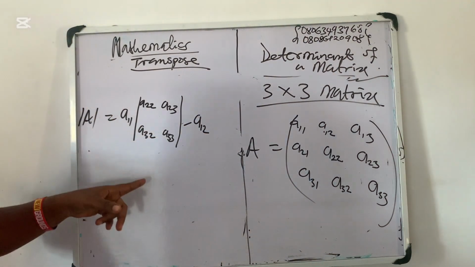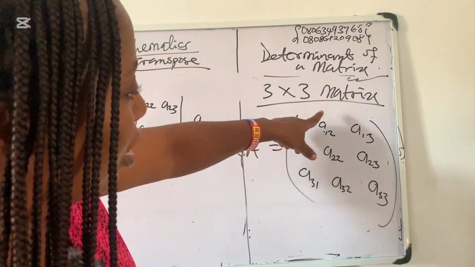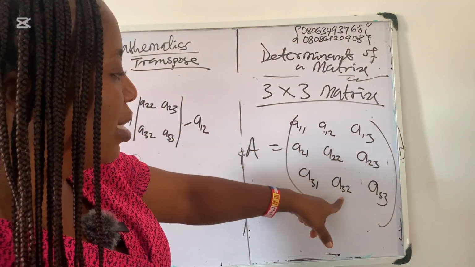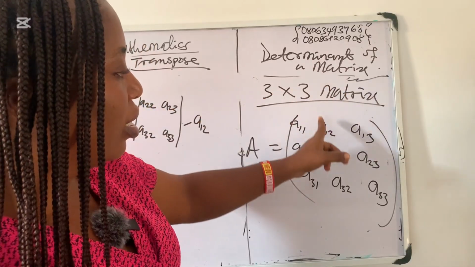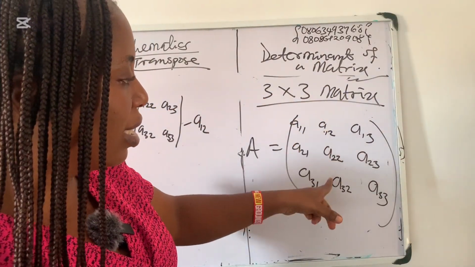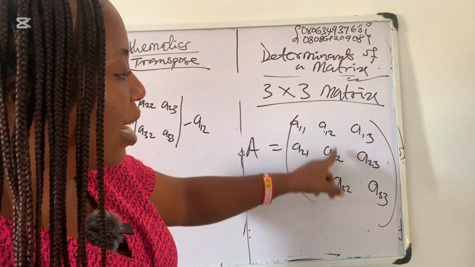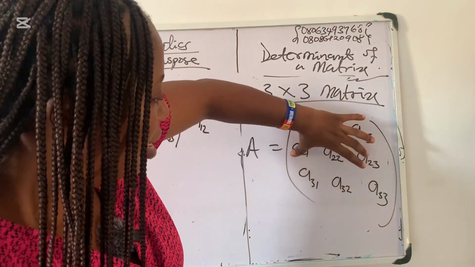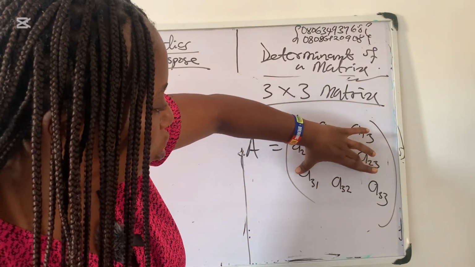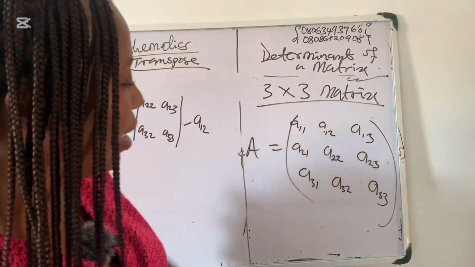What we did here is the same thing we'll do here. The row where A12 is, you don't pick any entry there. The column where A12 is, you as well do not pick any entry there. On that note, see my hand again. It's going to be A21, A23, A31, A33.